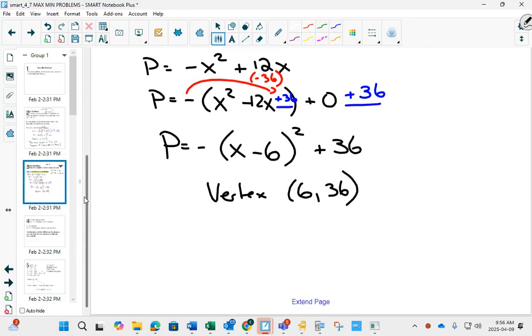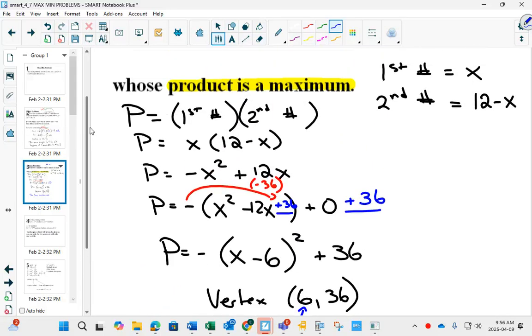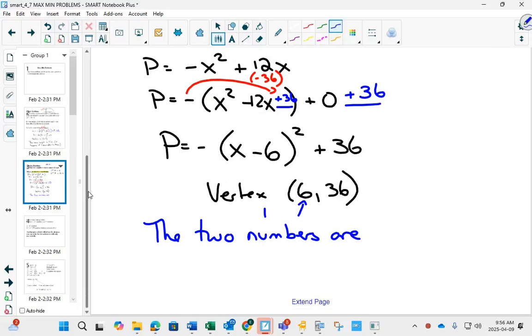Find two numbers. Well, how do we find the two numbers? What was x? This is where we have to go back. What did we make x? We made x our first number. So our first number is 6. How do we find our second number?